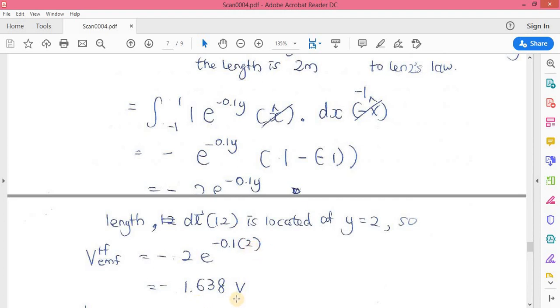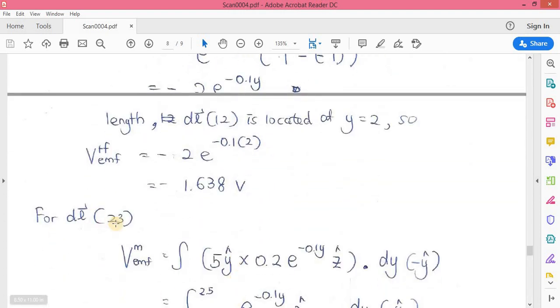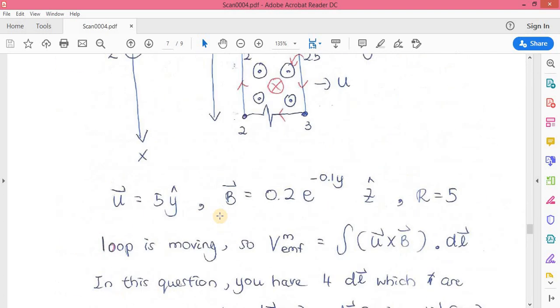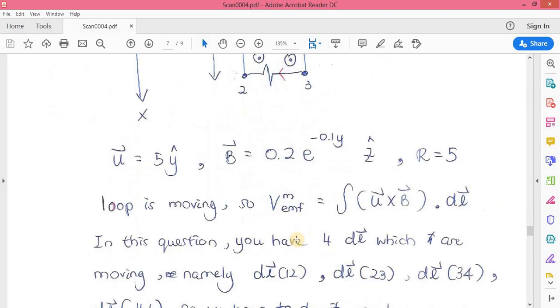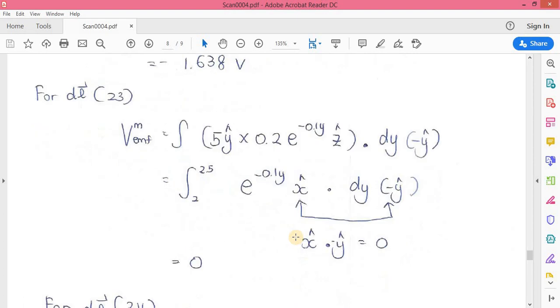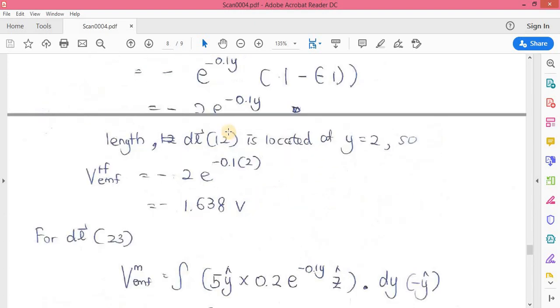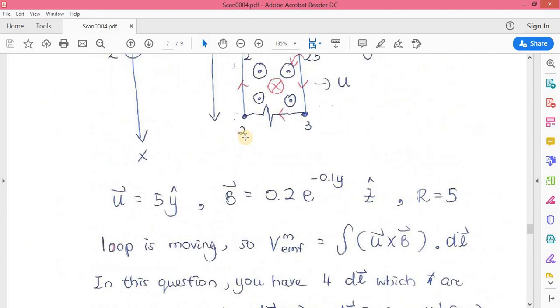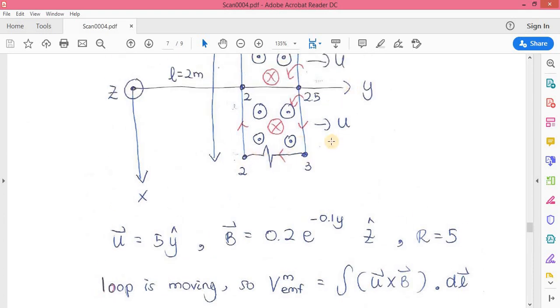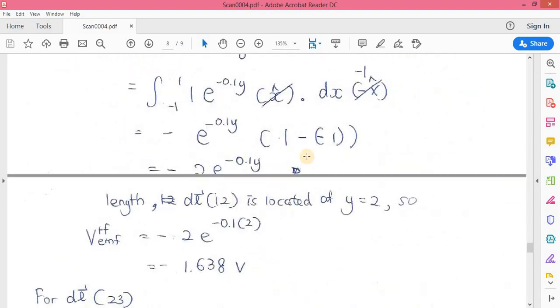Let's look at the length 2-3. 2-3 is here. We use the same formula. This is your velocity, this is your B, and the current flows in this way, which is in the negative y direction.